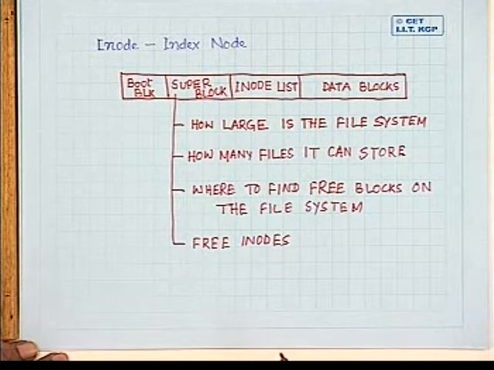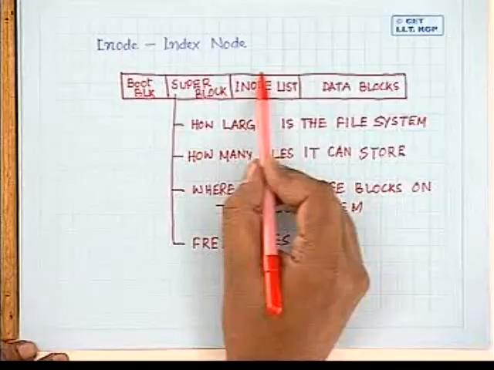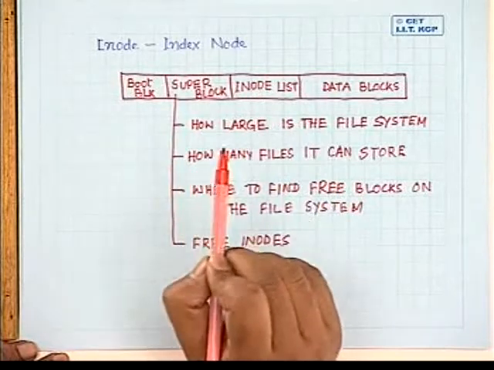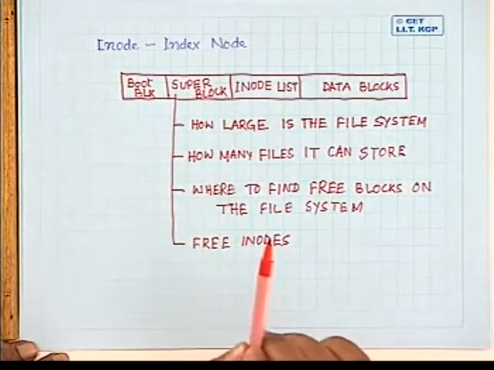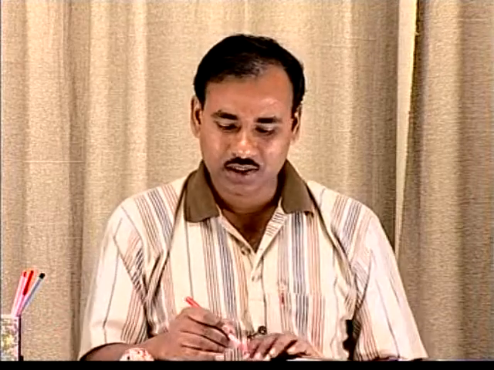That is only because maybe the number of inodes assigned to that particular file system have been exhausted. I don't have any free inode, though I have free disk space available. So even in such a case, we will get a file system full message. Okay. So these are the contents of the super block.